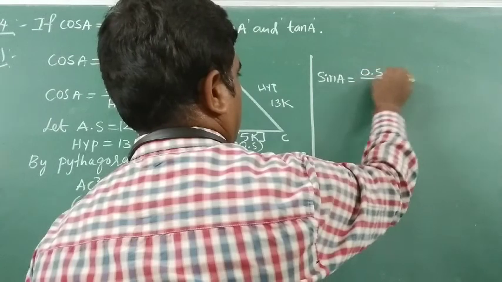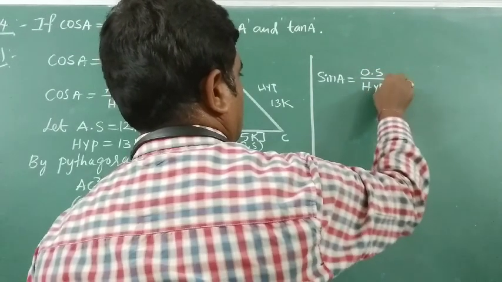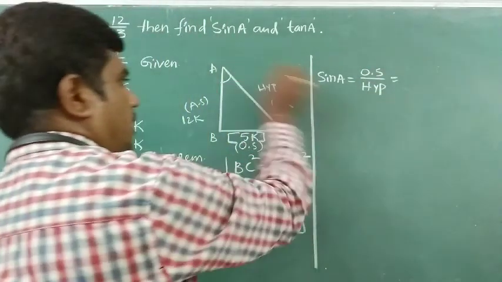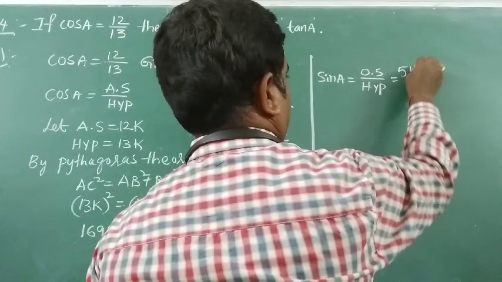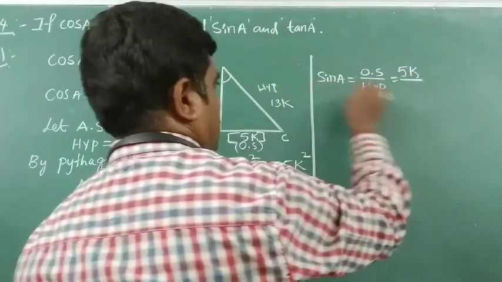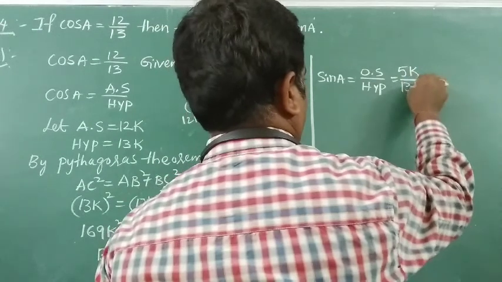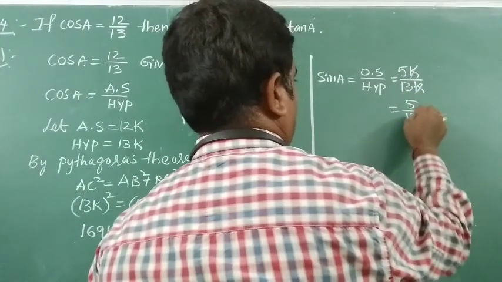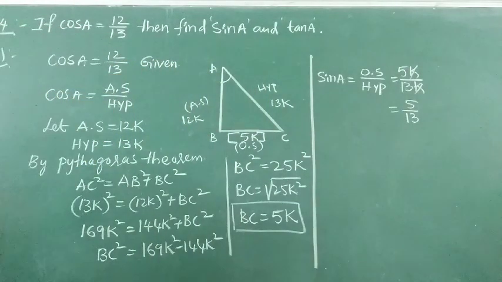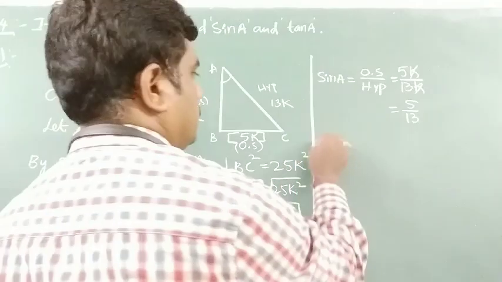Angle A opposite side is 5 times k by hypotenuse 13 times k. K cancels, 5 by 13. So opposite side and hypotenuse are in the ratio 5:13.